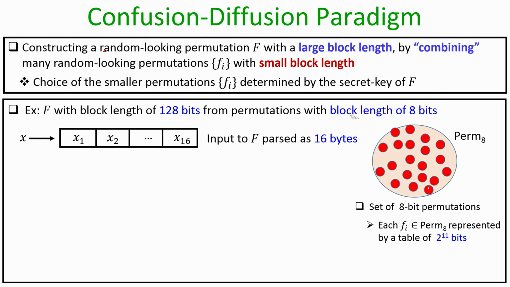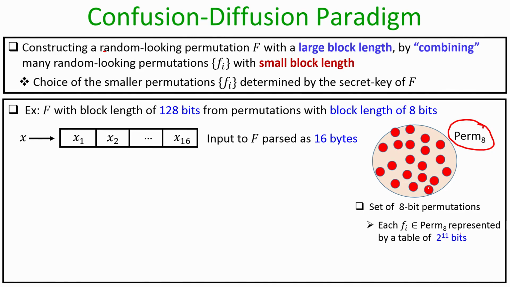Imagine that you have the set of all permutations mapping 8 bit strings to 8 bit strings. That set I denote by perm sub 8. Each of these small circles you can imagine is a permutation mapping an 8 bit string to an 8 bit string.